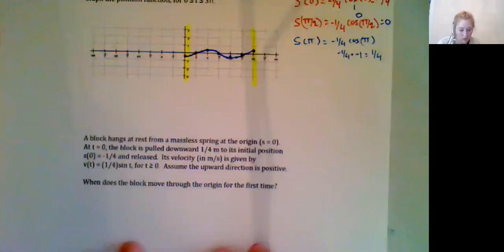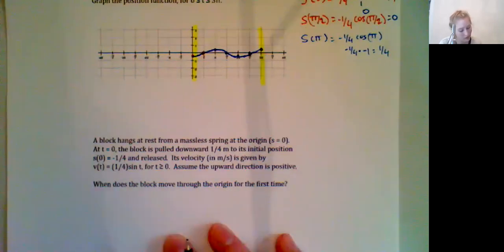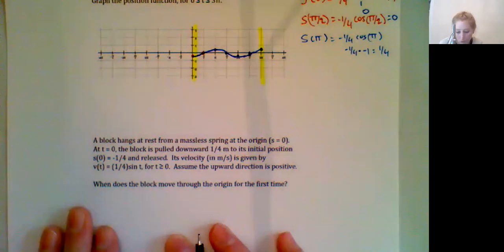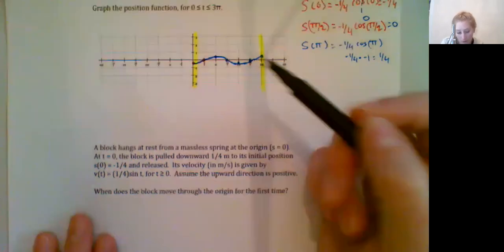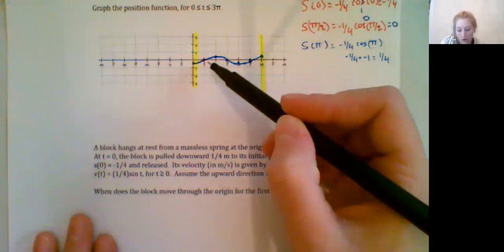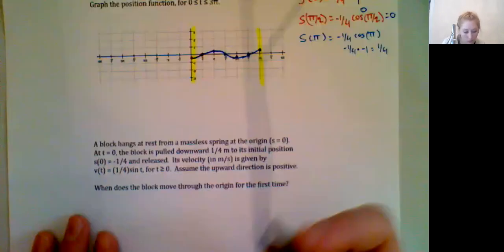Okay. The next question, we're still talking about the block, is asking us when is the block going to move through the origin for the first time. So since we have already done the graph, we can also see that from the graph. Where is that happening? Where is it hitting 0? But let's go ahead and solve for it as well.